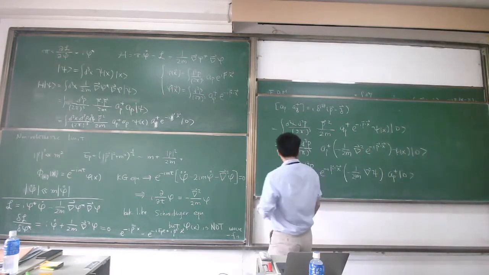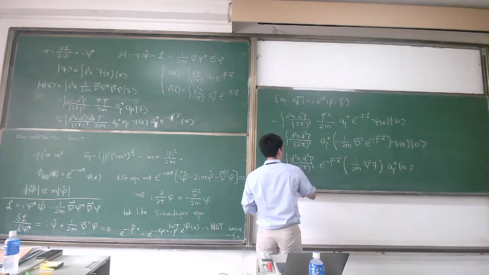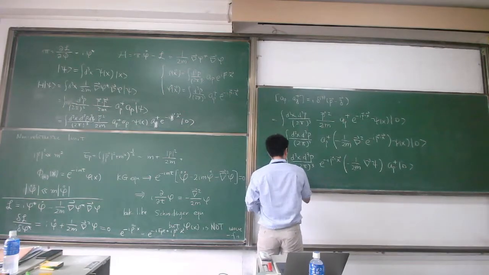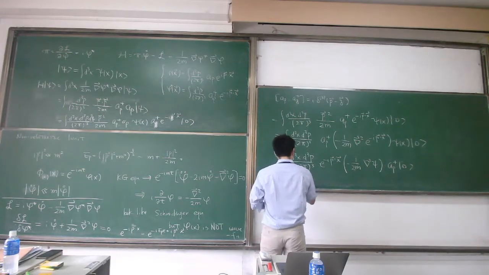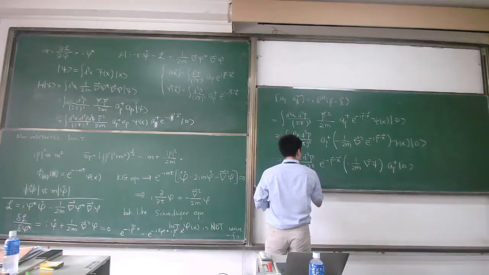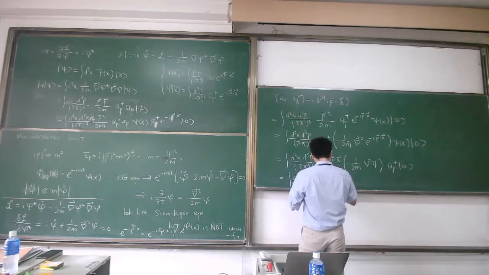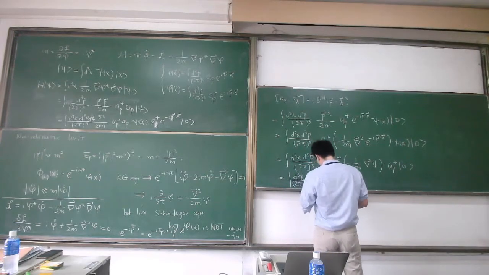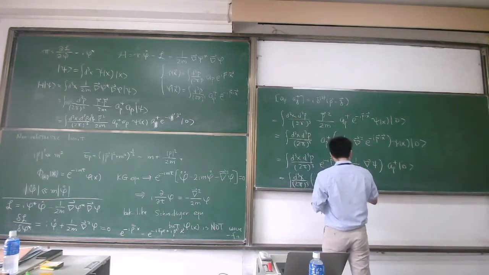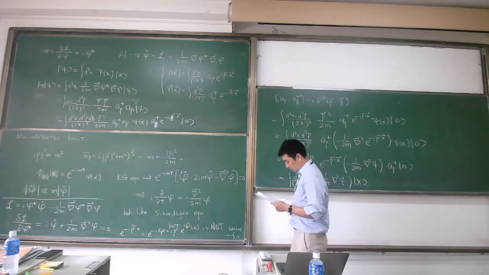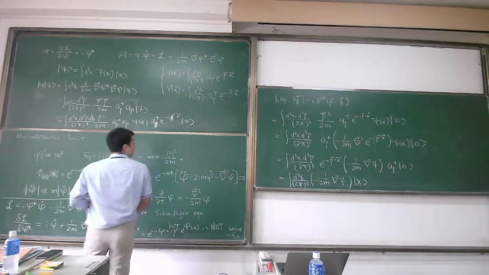Okay, and do the p integral. It just gives you the one particle state in position space. So therefore, what we get is minus 1 over 2m nabla squared psi, and then the one particle state in position space. Okay, so this is it.